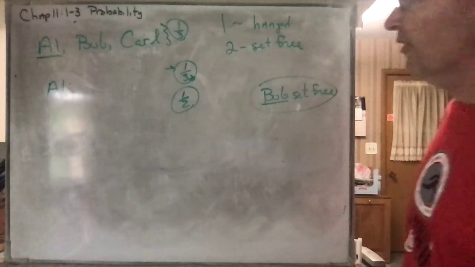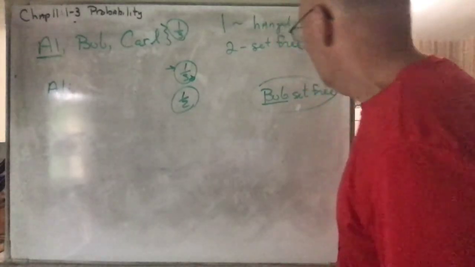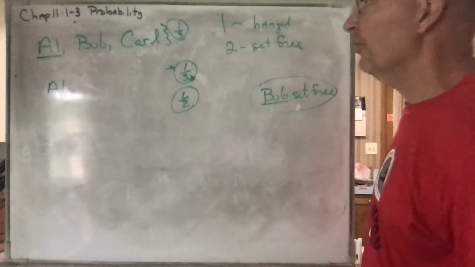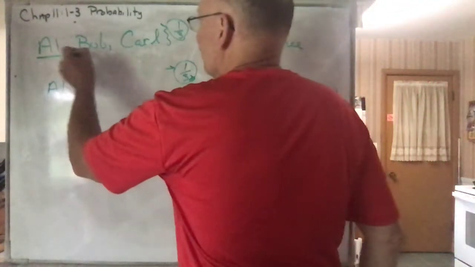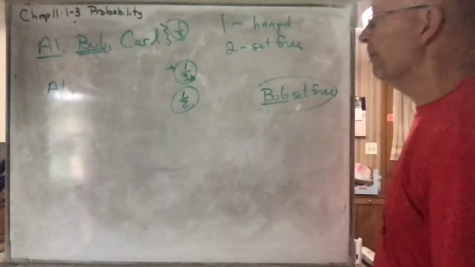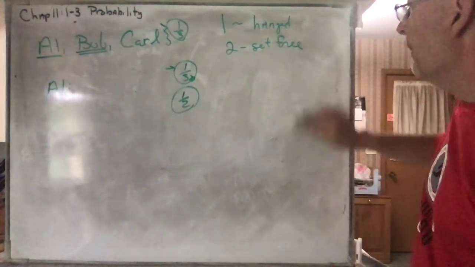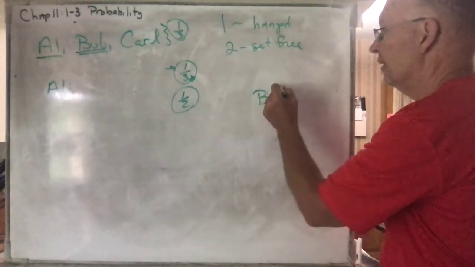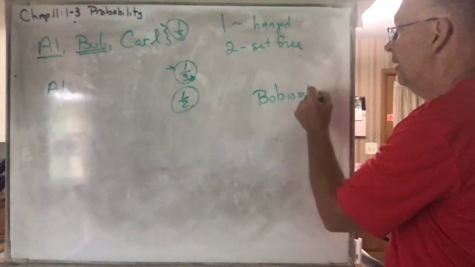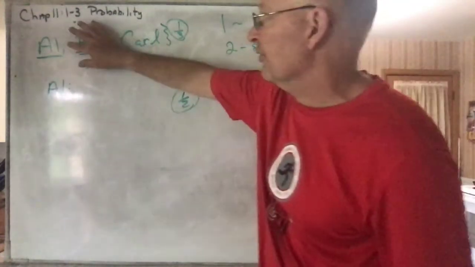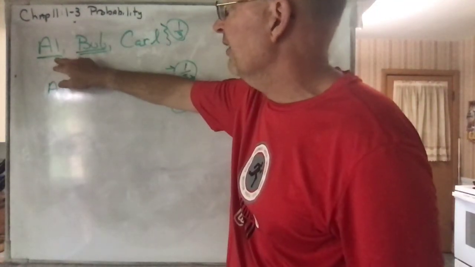On the other hand, if Al would have asked the jailer, I want to know whether Bob is going to be set free or not. Okay, so Al is the one that says to the jailer, I want to know about Bob. And the jailer says, okay, I'll tell you, Bob is going to be set free. Okay? Now, Bob is out of the picture. Al was the one that did the asking.